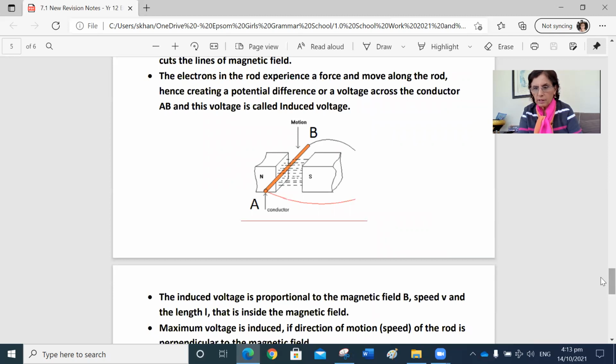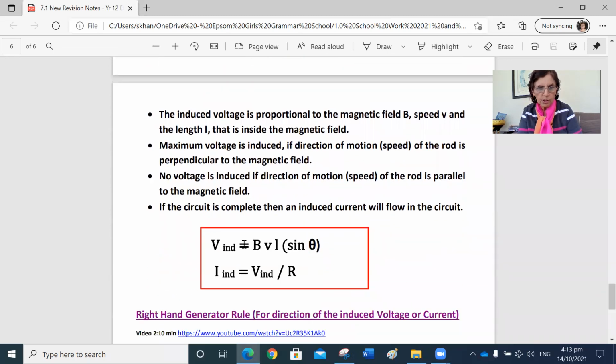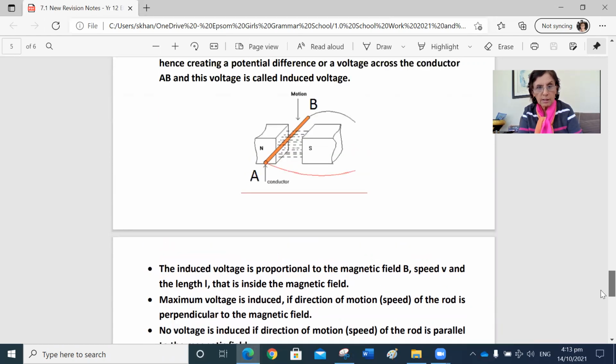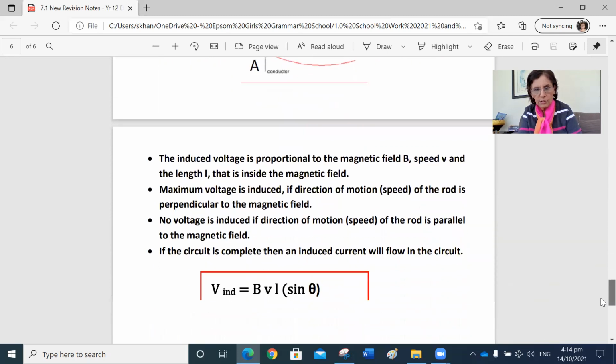Now, the size of that induced voltage is proportional to several things. The induced voltage will be larger if the magnetic field is stronger. If the speed of movement is faster, then there will be a bigger voltage, and it also depends on the length. How much length is there inside the magnetic field? Only the part where lines of magnetic field are cutting the moving electrons will be included in this calculation.